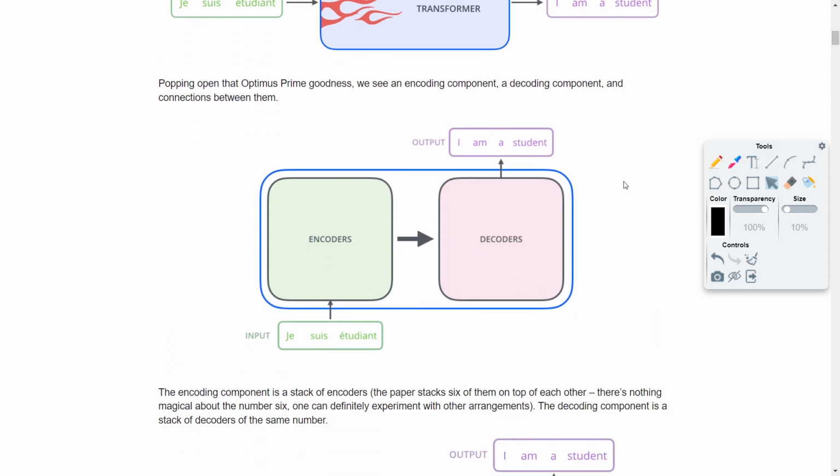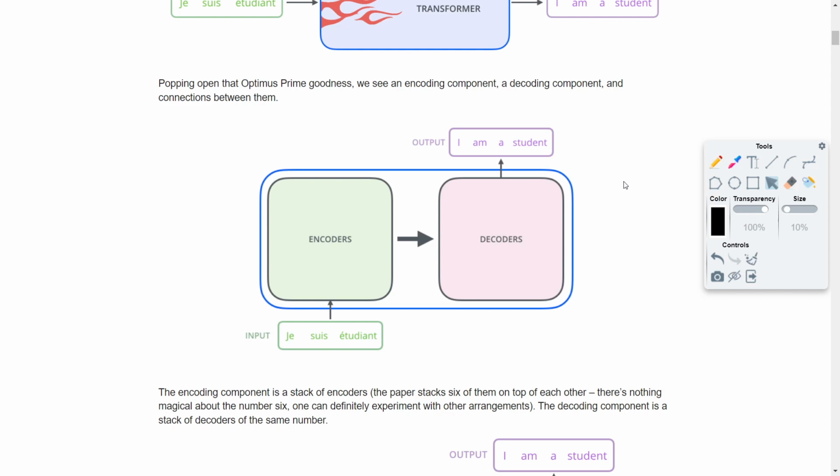A transformer is nothing but an architecture built on top of encoder and decoder components. In a normal transformer, the Spanish or French sentence is given as input to the encoder block, and the encoder processes that input sentence and gives certain outputs, which are then fed into the decoders. The decoders process those outputs and finally give us a sentence back in English: "I am a student". That is what's happening at a high level.